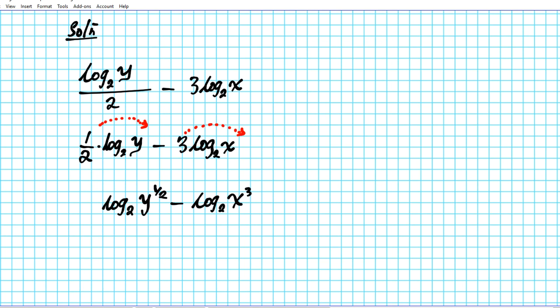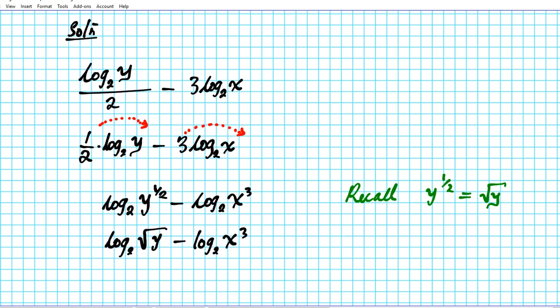Okay, so something you have to remember is that one of the properties of exponents, special case of the nth root property, y to the 1/2 is basically the same thing as the square root of y. Okay, all right, so we can rewrite this as log base 2 of the square root of y minus log base 2 of x to the third power.